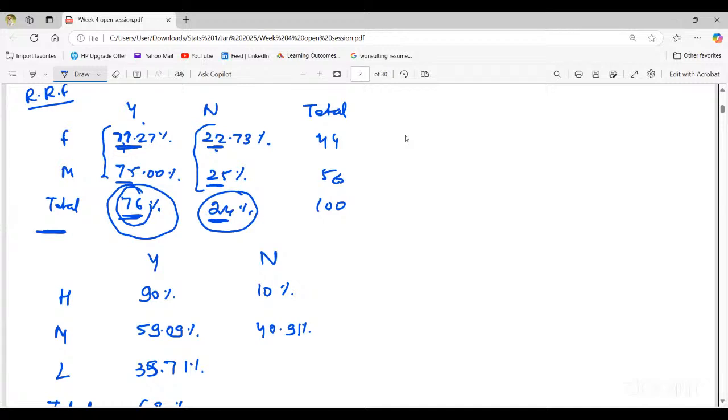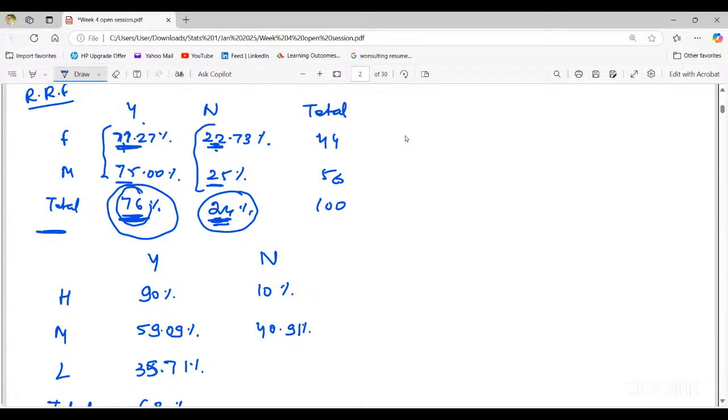So the female count is around 76%, and similarly the male is also around 76%. Similarly, in not owning a smartphone, the total is 24%, and the percentages of female and male are also around this. So we can say that the row relative frequencies are the same, so there is no association between them.